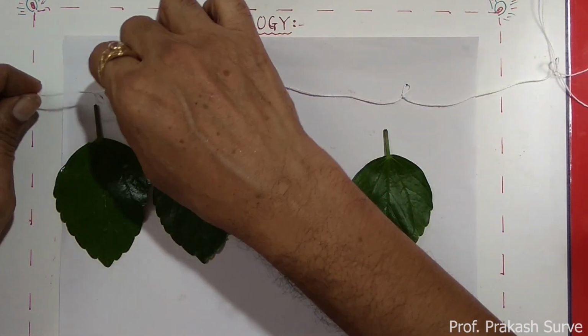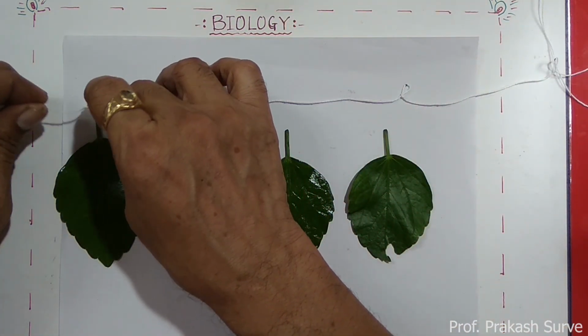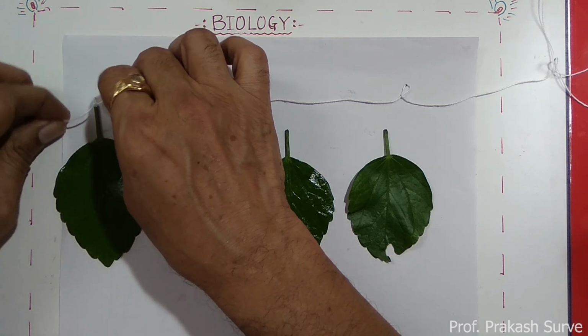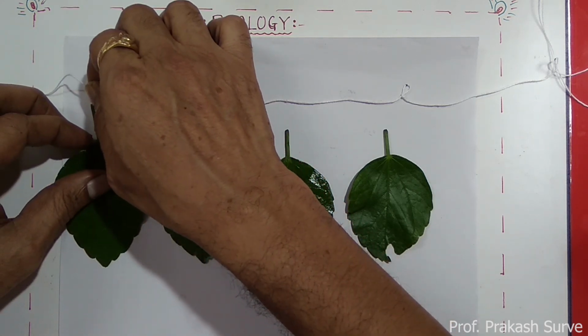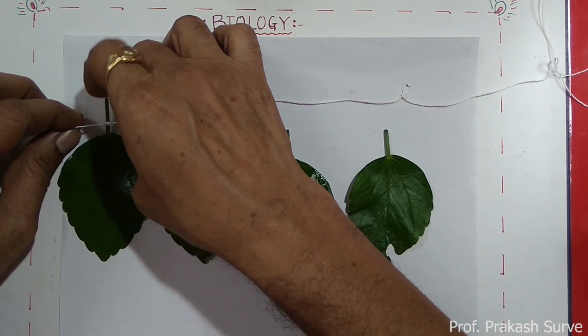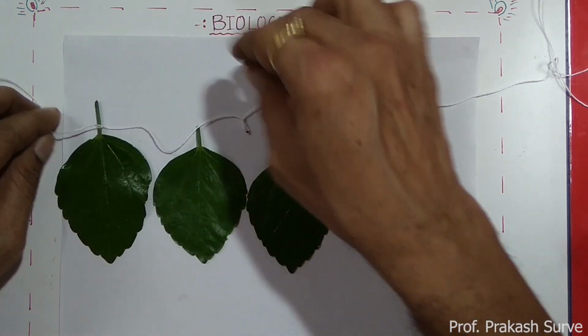So here I'll just put its stalk, that is the petiole, and this.